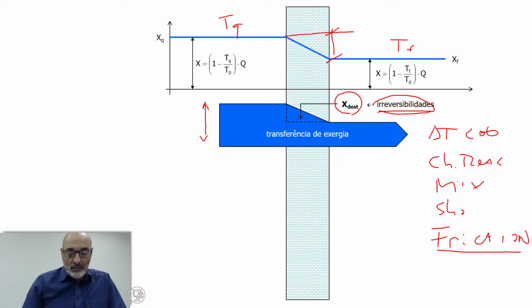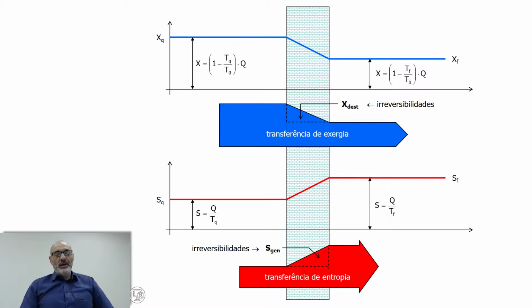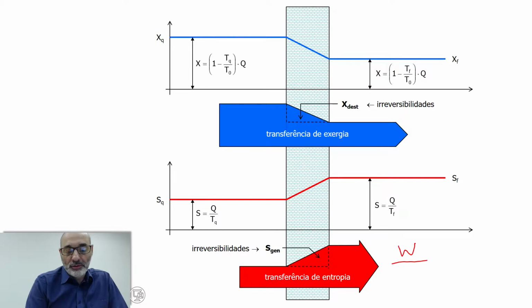Okay, actually Exergy is analogous to entropy, but the entropy is not energy. Okay, the unit of entropy is joule per Kelvin, for instance, and the physical unit of Exergy is joule.